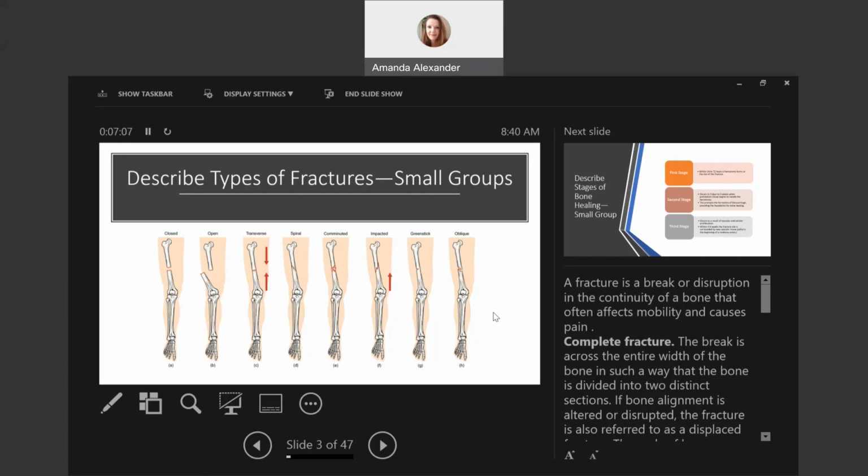This can cause a spiral fracture. A transverse fracture is where the bone fractures straight across. So if you think about our lines in the body, transverse is our horizontal line straight across, okay?